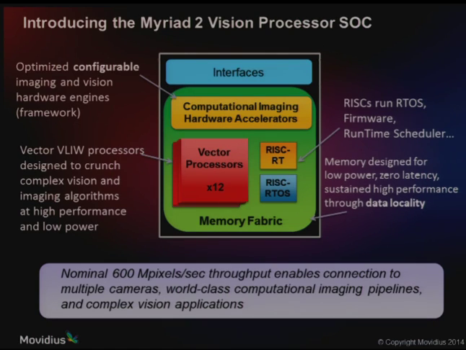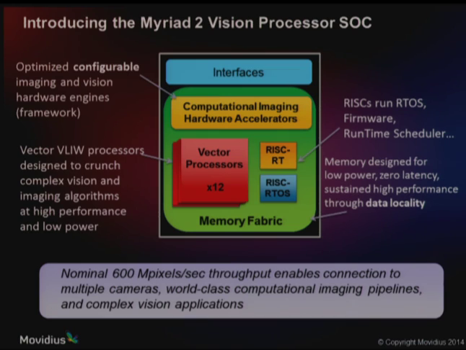So along comes Myriad 2, and really what we're trying to do here is provide a massive amount of compute on demand for these kind of vision processing systems that leaves the application processor free to do the jobs that it needs to do in terms of graphics and running the operating system.